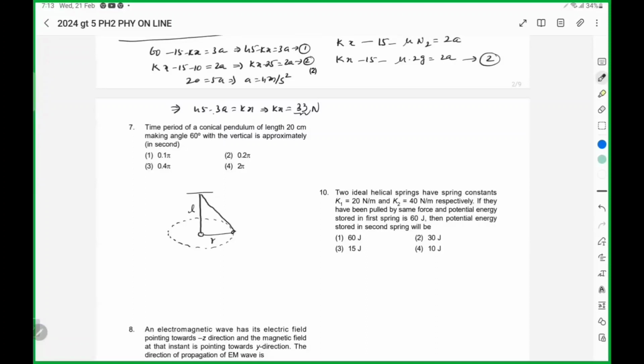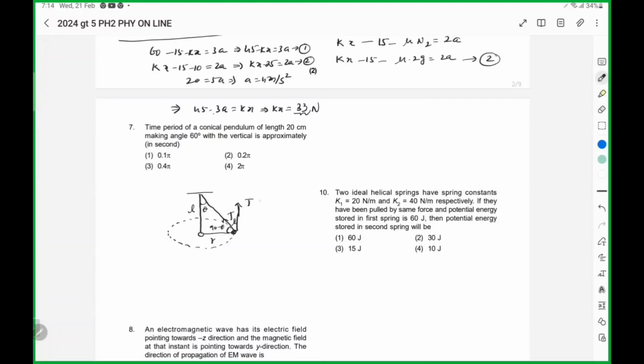Then when it comes to this place, there is tension, and this angle is theta. Here, this one is theta. Alternate angles, it becomes 90 minus theta.